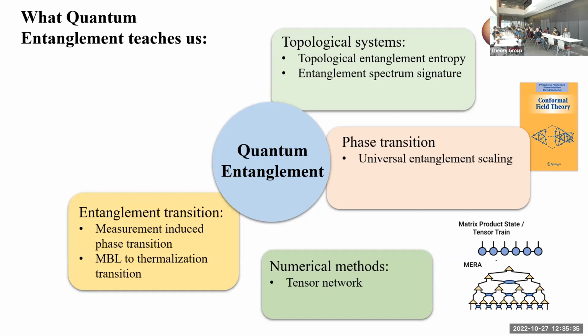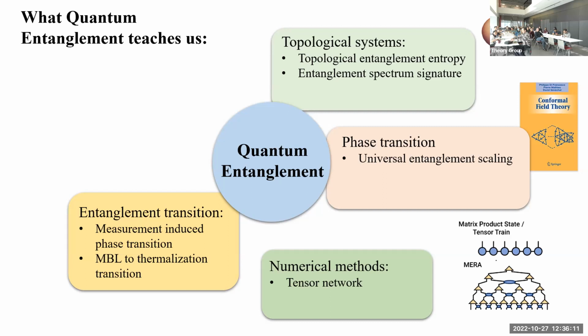Recently, there's a lot of interest in the so-called entanglement transition. Two famous examples are the measurement-induced transition, where you have random circuits with some measurement rate, and you can see the entanglement scaling transition from volume law to area law.